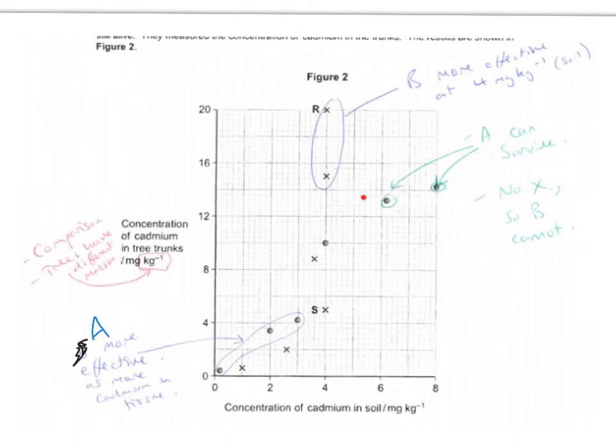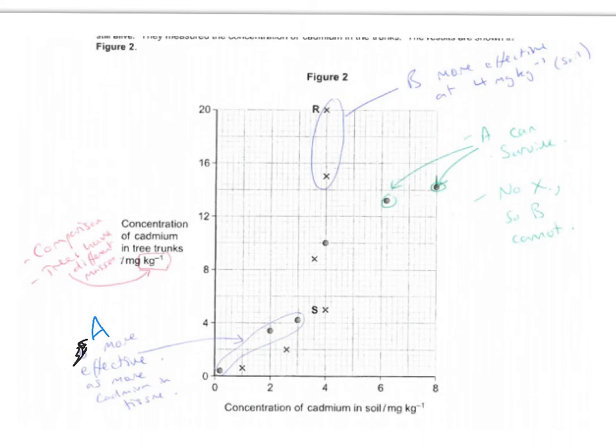So that's a plus point for species A. Another plus point for species A is that at nearly every other concentration apart from 4, so at 0, at 2, at 3, and at 6 and 8, species A has more cadmium in the tree trunks than species B does.